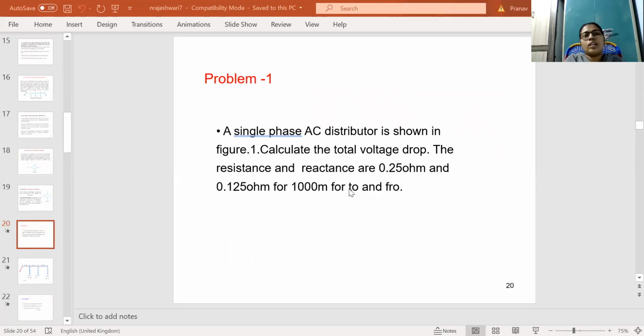So we will see one problem on AC distributors. For a single phase AC distributor as shown in figure 1, calculate the total voltage drop. The resistance and reactance are 0.25 ohms and 0.125 ohms per 1000 meters, to and fro.